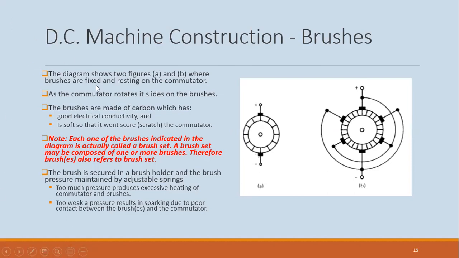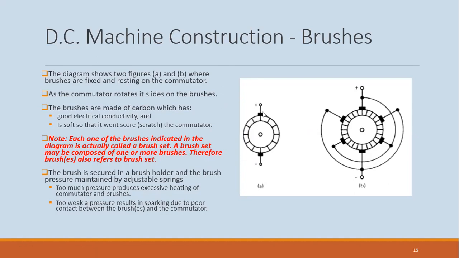All right, if we were in the lab, we probably would see this: if the brush is not making good enough contact with the commutator, you may have some sparking at the brushes. And the sparking will increase when the loading on the machine gets higher, because more current will be drawn.